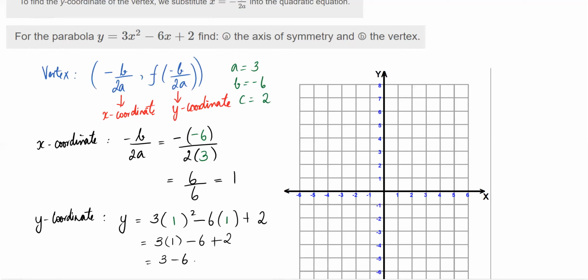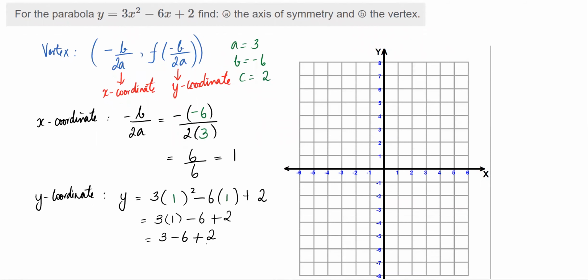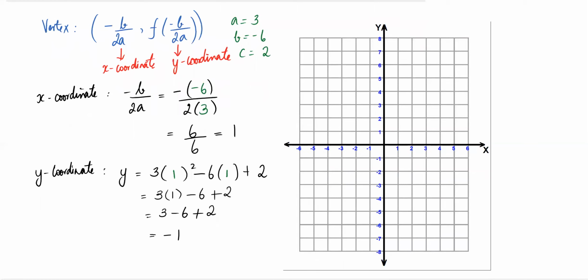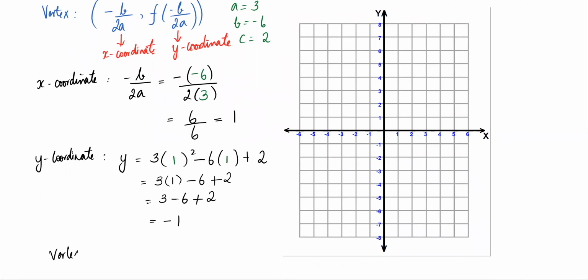So 3 minus 6 plus 2. 3 minus 6 is negative 3. Negative 3 plus 2 is negative 1. Okay, we just got our vertex. So let's collect the x coordinate, which is 1, and the y coordinate is negative 1. We found the vertex just like that using algebra without ever having to do the graphing.